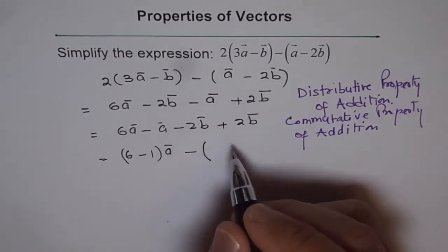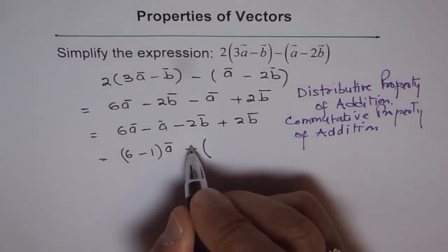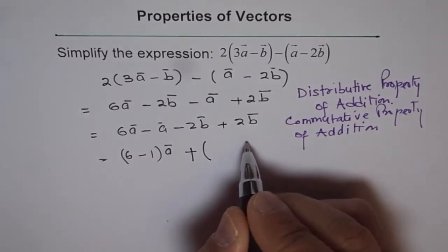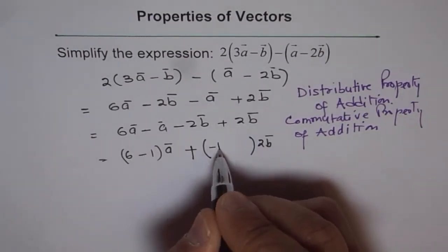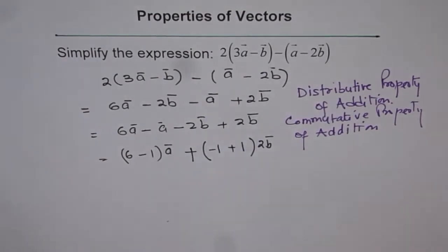So we write plus here, and we factor out 2 times B. In that case we get minus 1 plus 1, right? Now which property did we use here? This is kind of critical.